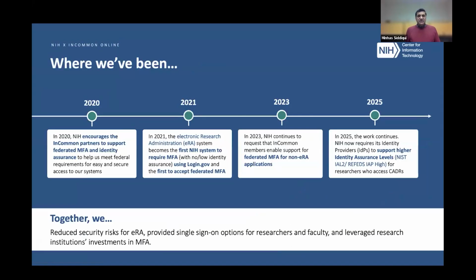This slide shows a timeline of the progress made with the partnership between NIH and Internet2 and InCommon's community in supporting secure access by researchers to NIH-protected research data. As Anne mentioned earlier, we've gone through a lot, as outlined by this slide, going from MFA enablement, and now to this new stronger identity assurance requirement.